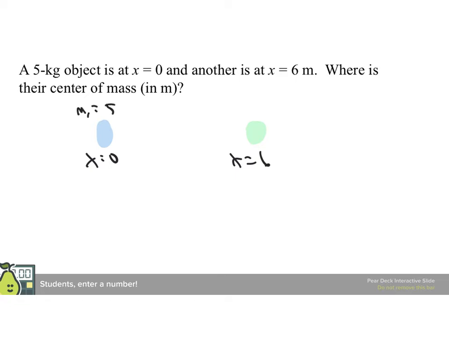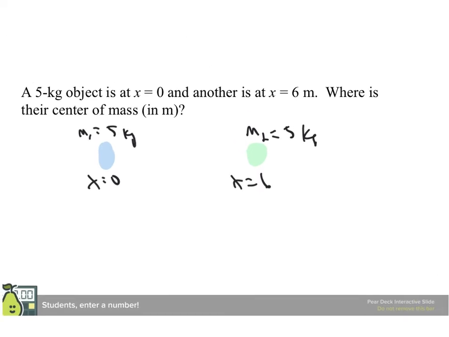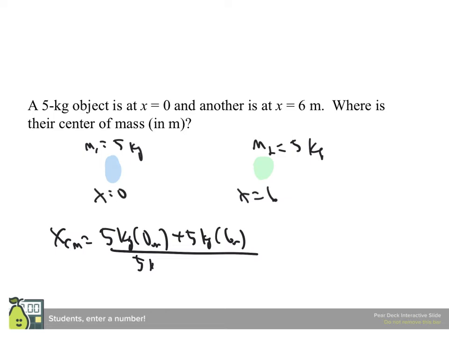So m1 is 5 kilograms and m2 is 5 kilograms. Then the center of mass position is 5 kilograms times 0 meters plus 5 kilograms times 6 meters, all over 5 kilograms plus 5 kilograms, which is 30 kilogram meters over 10 kilograms, or 3 meters.